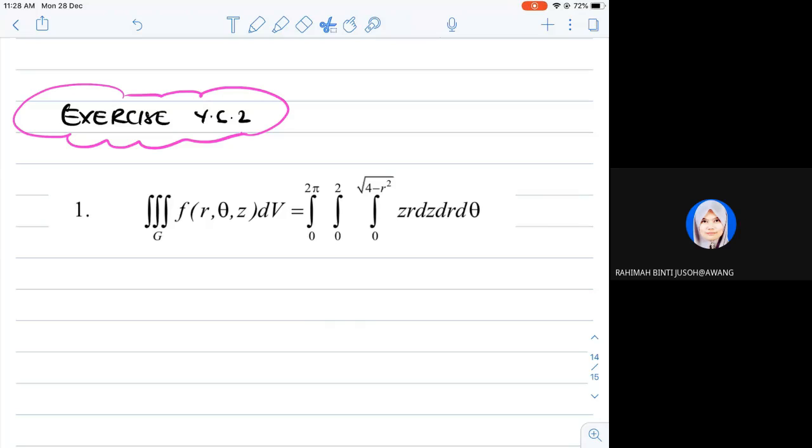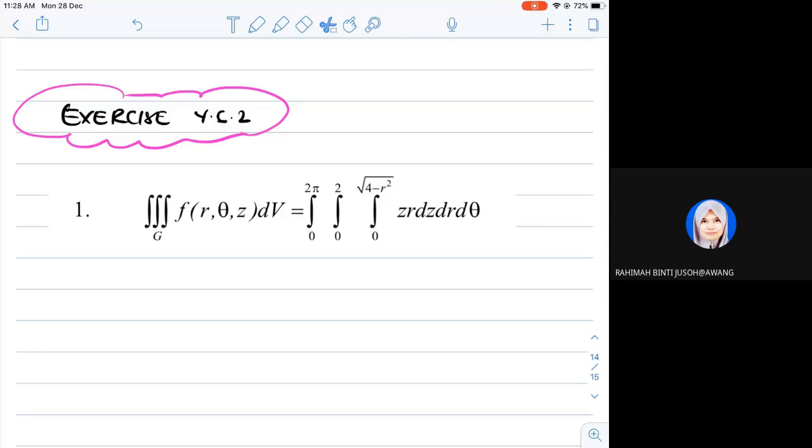Okay, 4.6.2. You have r, z, r dz dr dθ. My first question: is this integration calculating volume or not? I want to test your understanding. Yes or no?